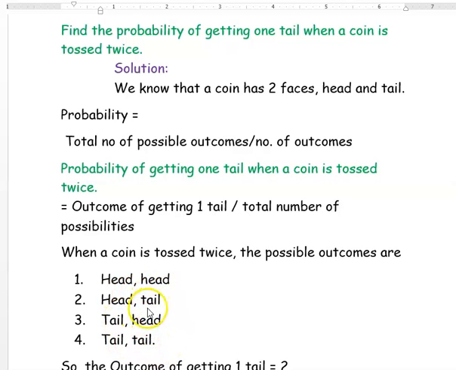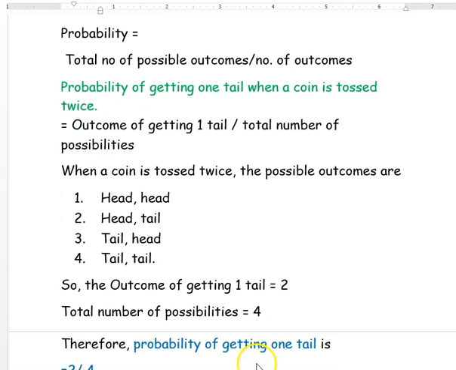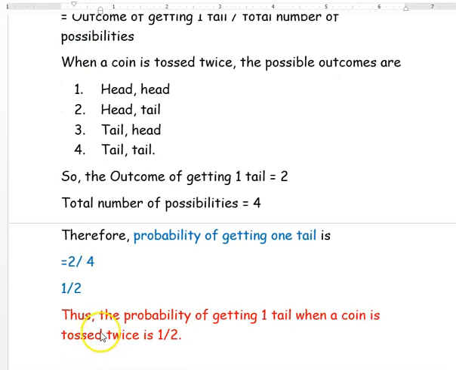To get 1 tail, you have 2 chances, head tail or tail head. So the outcome of getting 1 tail is equal to 2 and the total number of possibilities is 4. If you substitute in this formula, you will get 2 divided by 4. If you simplify, you will get 1 divided by 2. So thus the probability of getting 1 tail when a coin is tossed twice is 1 divided by 2.